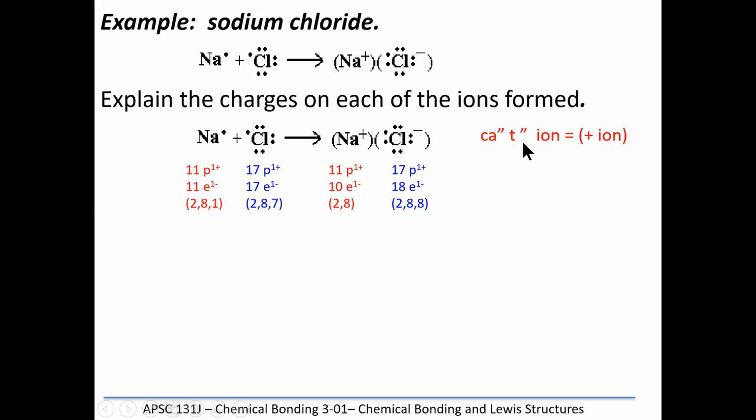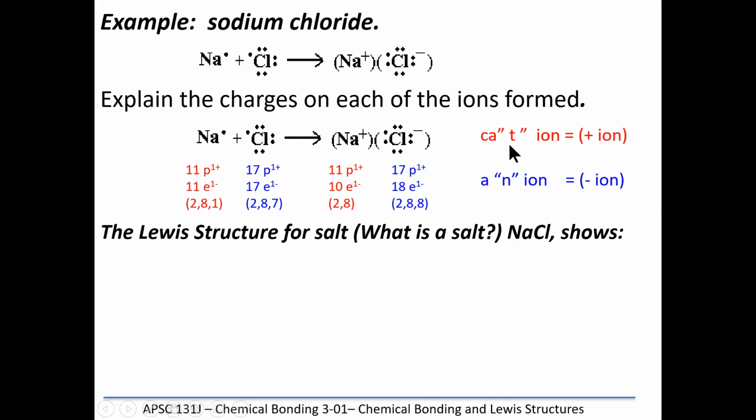So a positive ion can be called a cation. In the word cation, the t kind of looks like a positive sign. In the word anion, the second letter is N, which stands for negative, a negative ion. It's just a simple way of remembering the difference between a cation, which is a positive ion, and an anion.